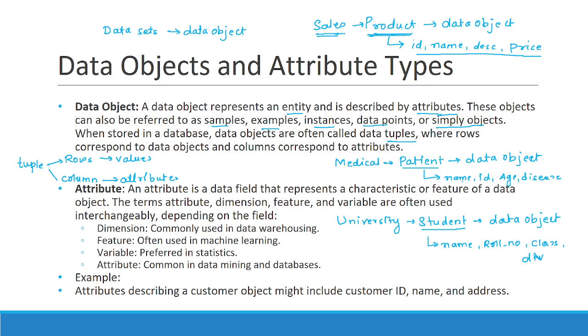So this attribute along with its value is collectively called a tuple. Got it? In a dataset we have data objects, and data objects are called tuples. Every tuple will have rows and columns, where rows correspond to values and columns correspond to attributes. Understood?